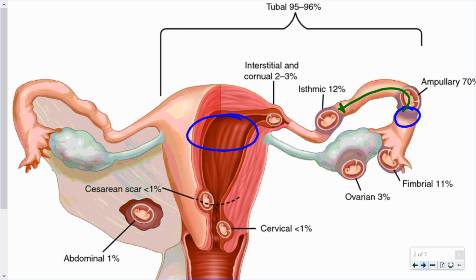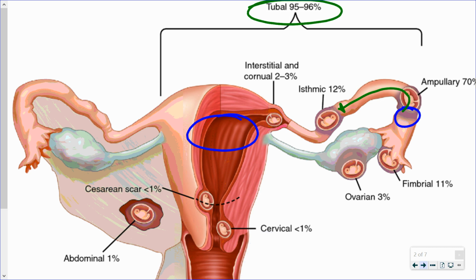If this happens, it's a significant risk to the mother that the fallopian tube is going to rupture. This is going to result in severe bleeding or hemorrhaging, and that could result in not only the death of the embryo, the early baby, but also harm to and possibly death of the mother as well. So this kind of pregnancy is referred to as a tubal pregnancy.